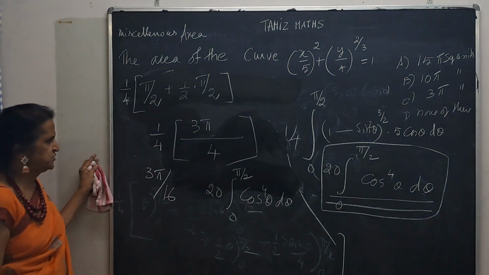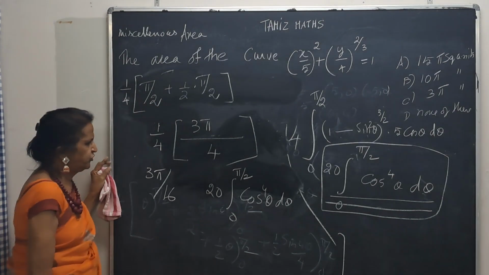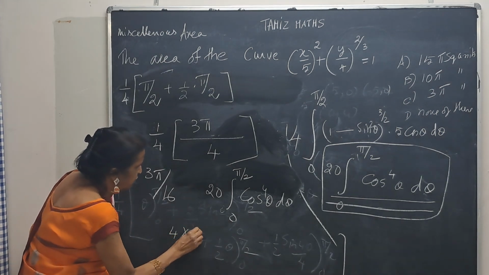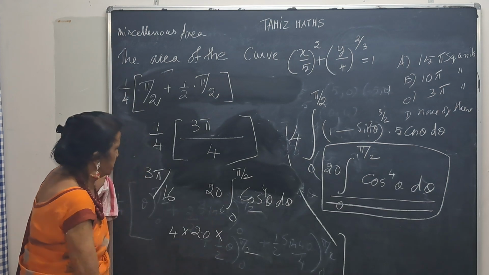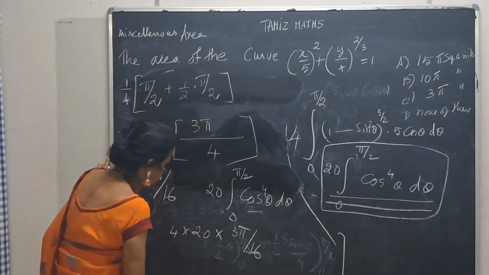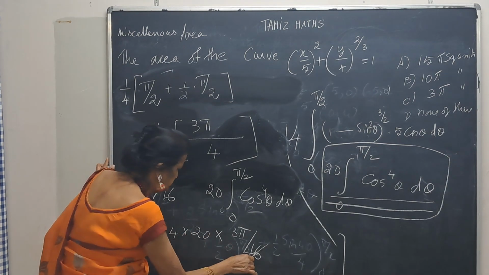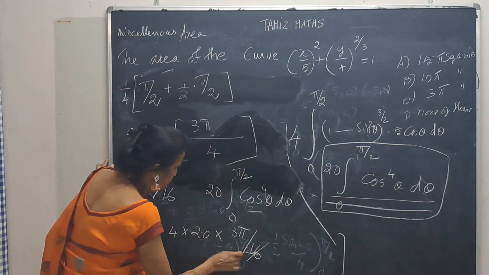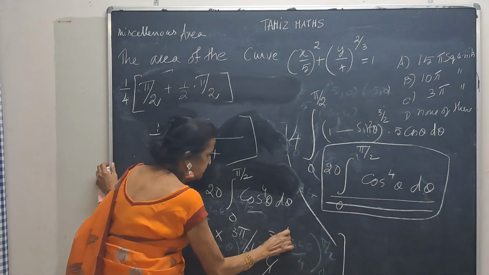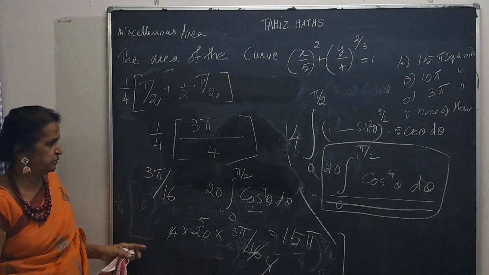How many times do we want this? 4 times. So this is 4 into 20 into 3 pi by 16. Here the 4 and then this will go, 5, 15 pi. So it will be 15 pi square units.